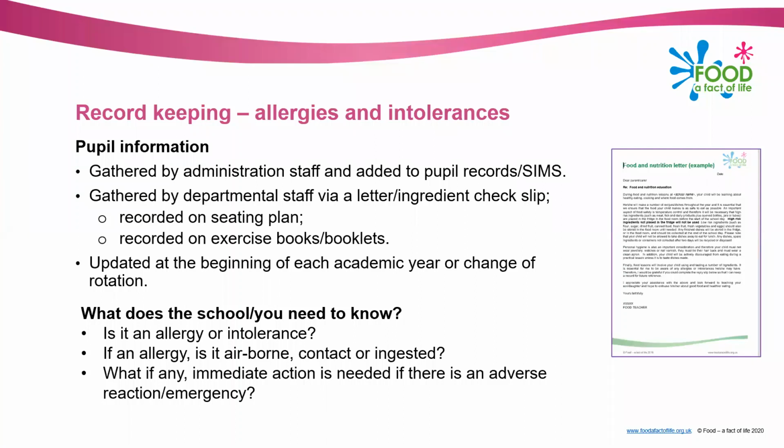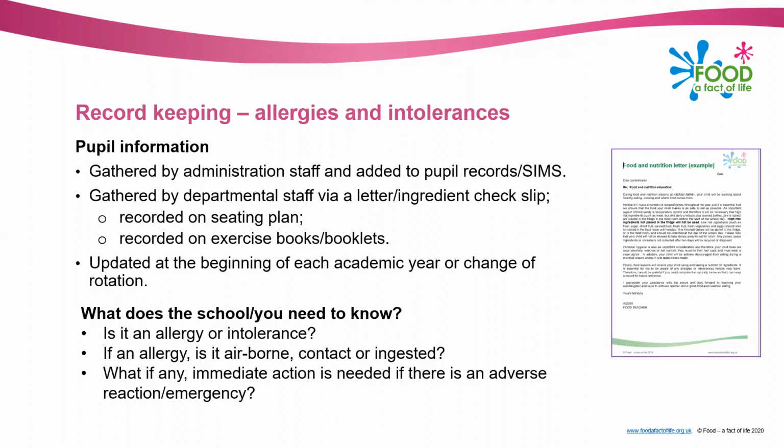But certainly when I was teaching, what I did was I also contacted the parents directly myself. So at the beginning of every year, I sent out a letter to them just explaining about what their child would be doing in their food lessons, setting out a few rules, but then also asking them to identify any allergies or intolerances or any dietary requirements.